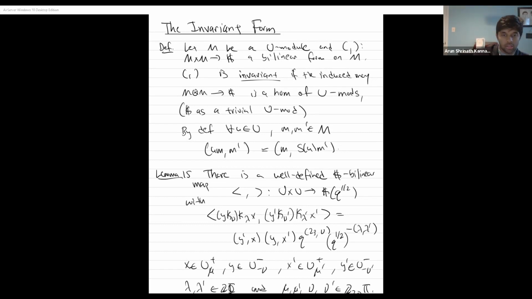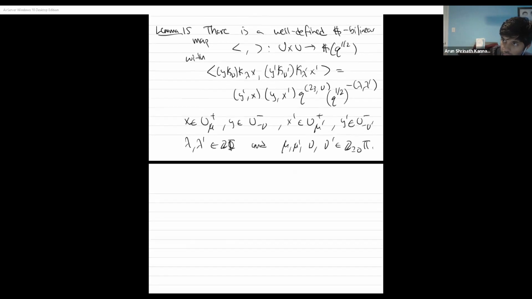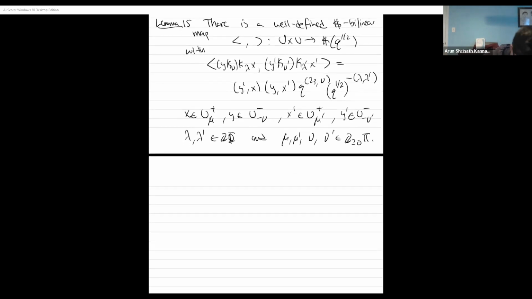Okay, so the proof of this existence is as follows. Proof. Okay, so the multiplication map U minus tensor U0 tensor U plus induces an isomorphism of vector spaces.